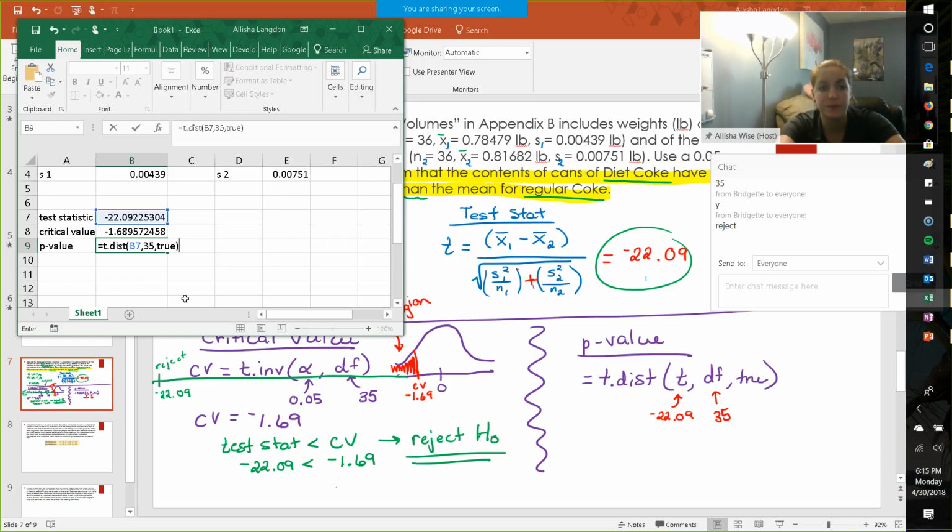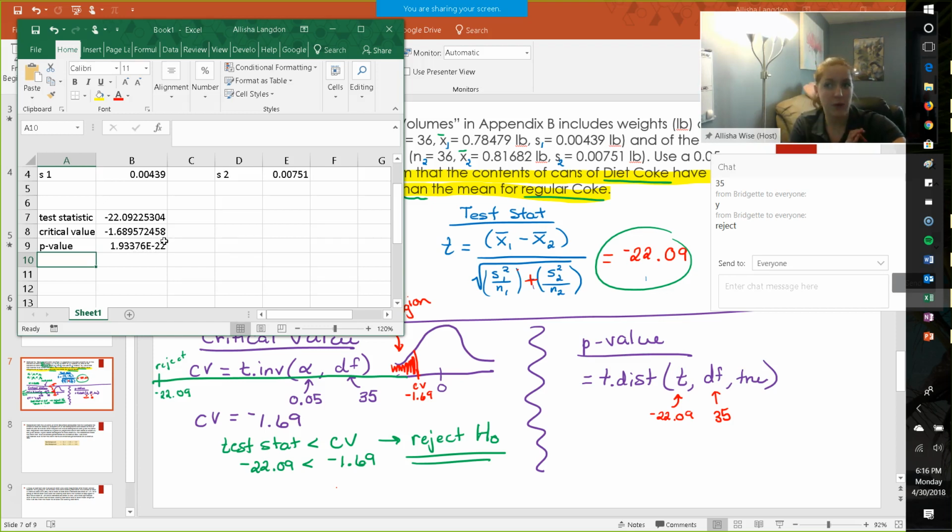So I've got my test statistic first, my degrees of freedom second, and true. We hit enter. Now, this number says 1.93376E negative 22.